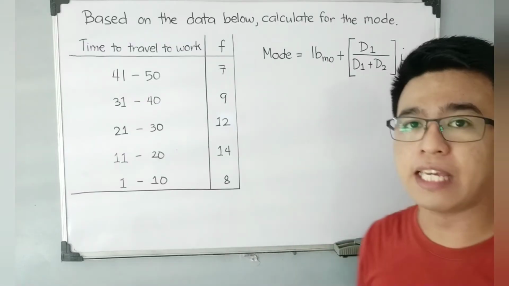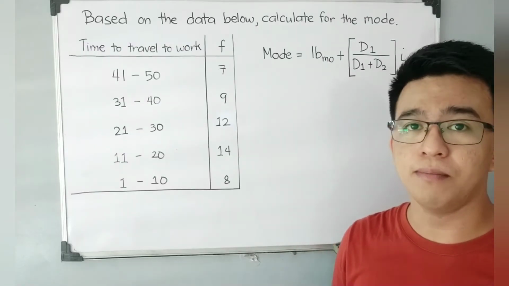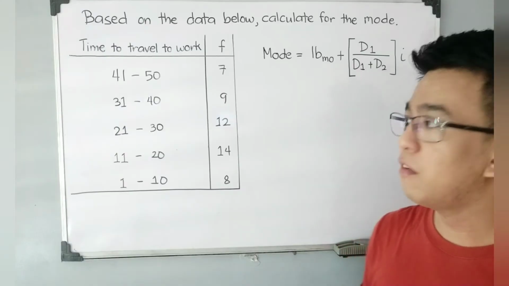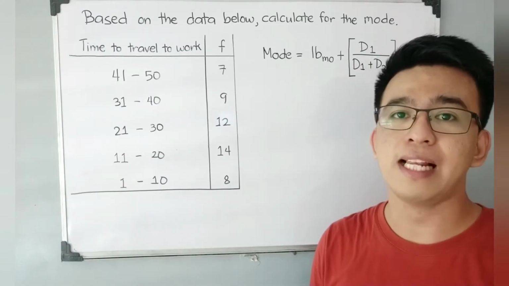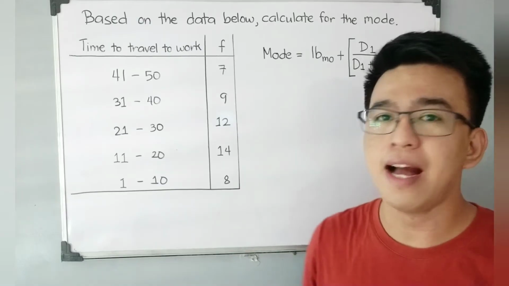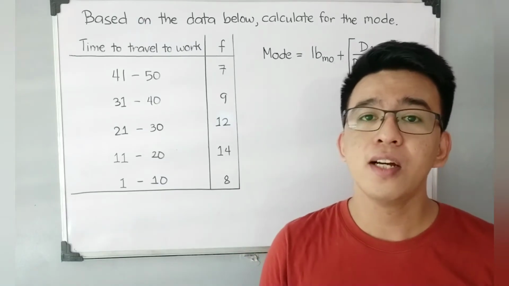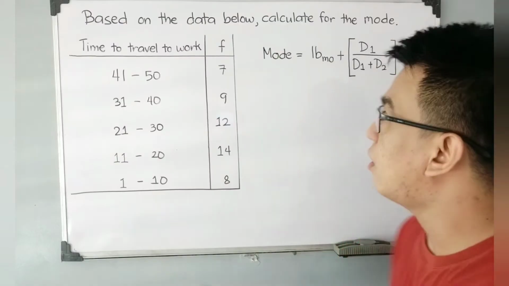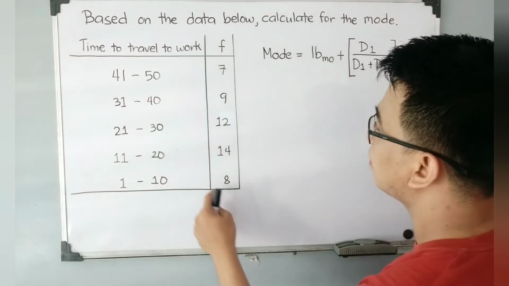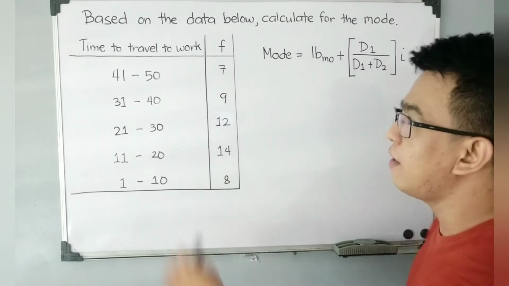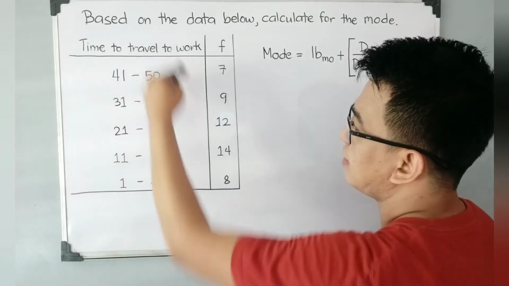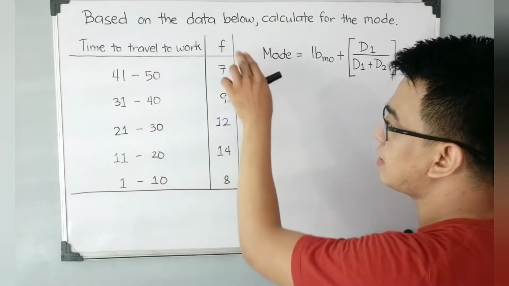So what is the first thing you need to do in calculating for the mode of a group data? First, you need to identify your modal class. Here's the question: how can we identify the modal class? To identify your modal class, all you need to do is to find the class with the highest frequency. Here are your classes and here are the frequencies.